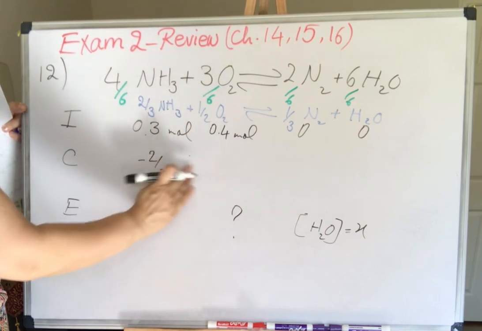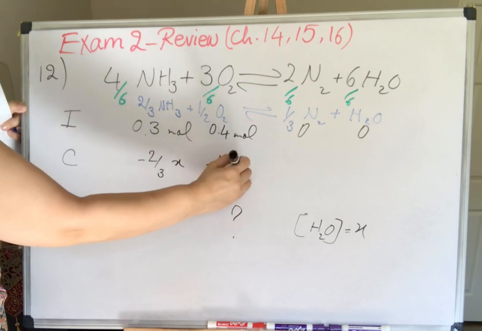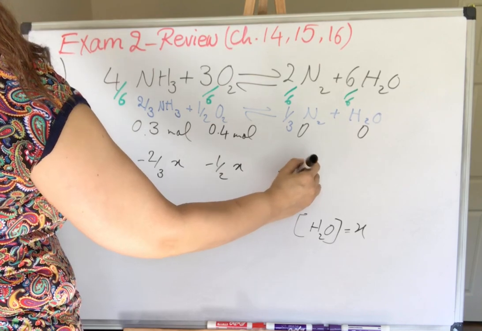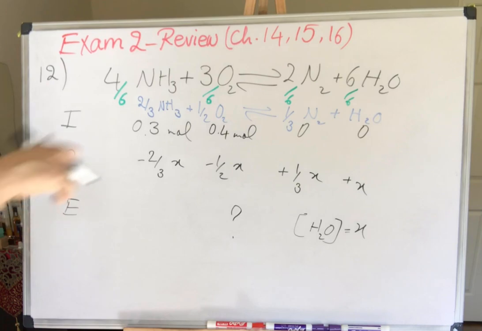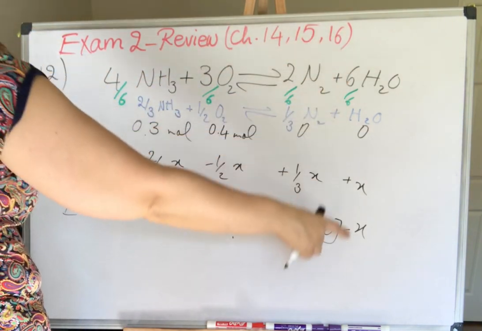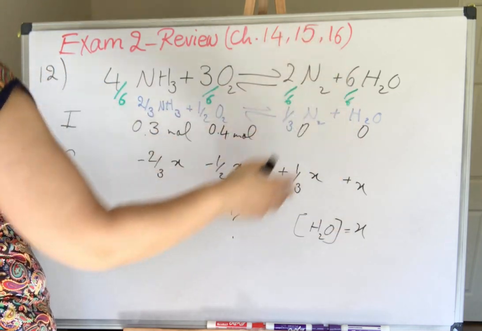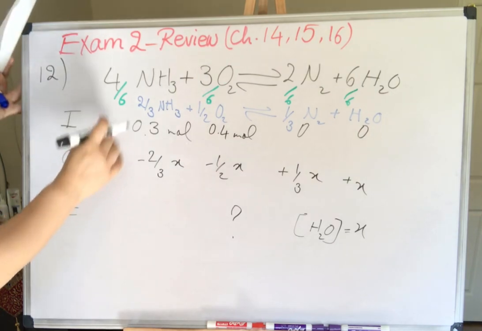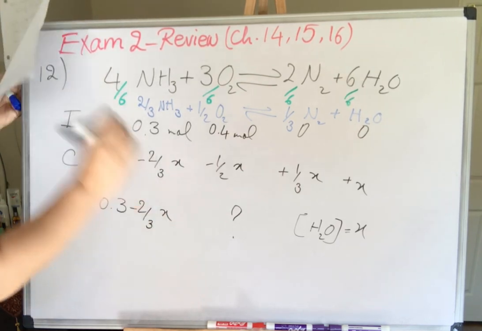And we have minus 2/3 X, minus 1/2 of X, and here we have plus 1/3 of X and plus X. We divided by the coefficient of the given X to make it easier. Instead of dealing with 6X, let's just have it as 1. So the equilibrium for NH3 is going to be 0.3 minus 2/3X.